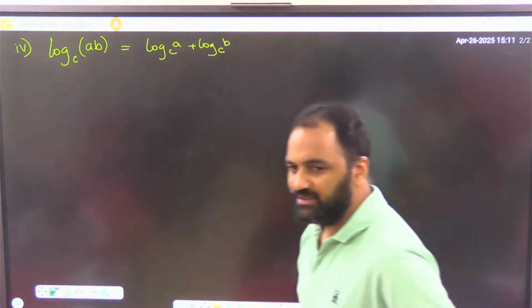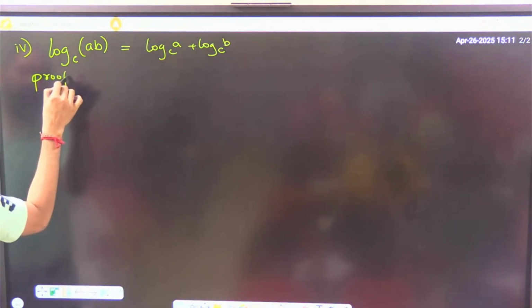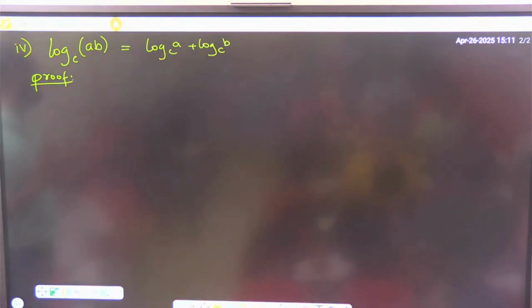Everything we discuss will be done with the proofs.